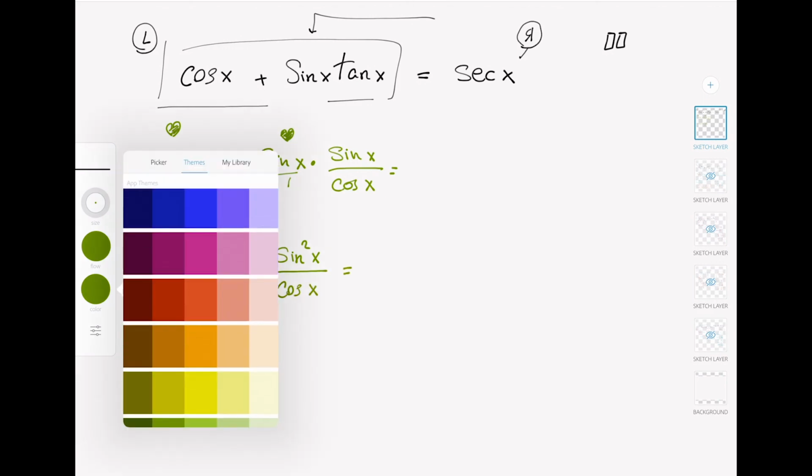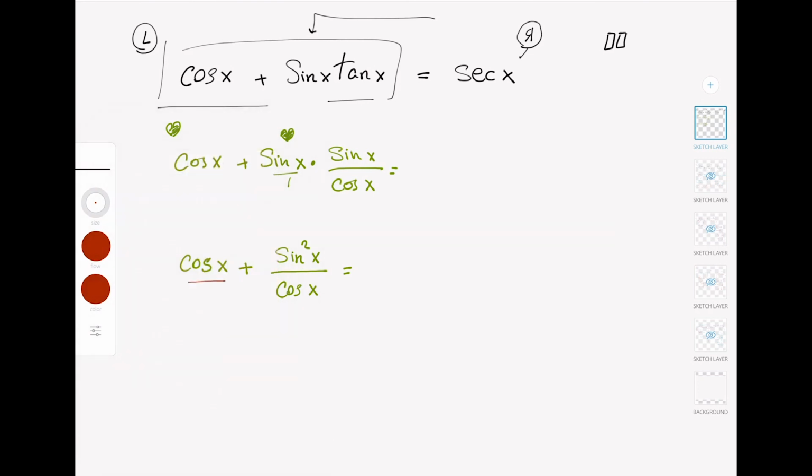Here we need to find a common denominator, because what we got is not near the other side, so we need to do more algebra. The common denominator between 1 and cosine of x is cosine of x.